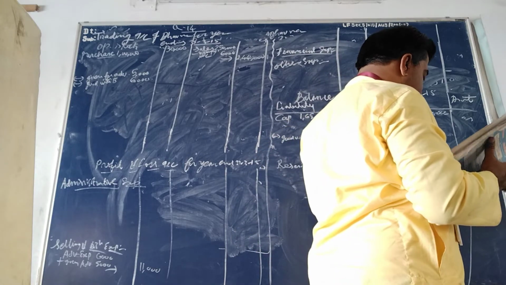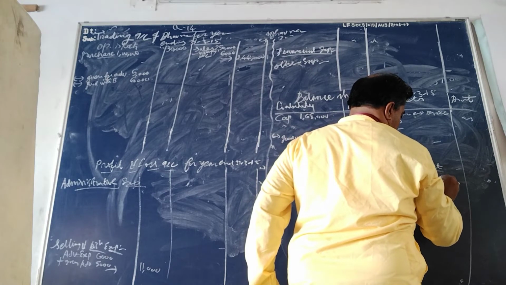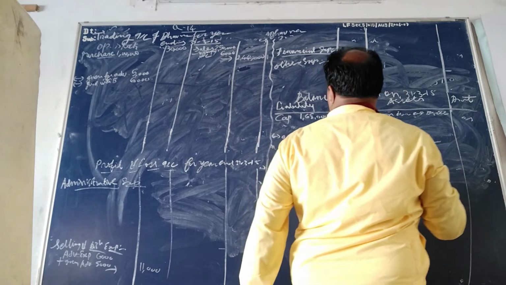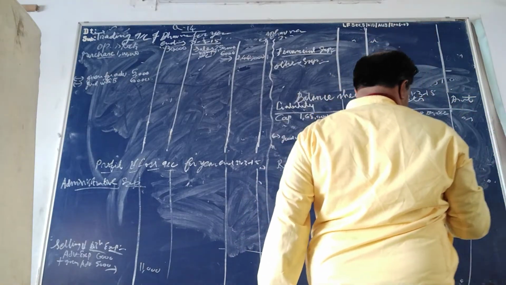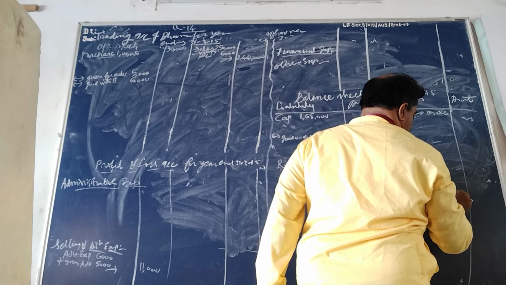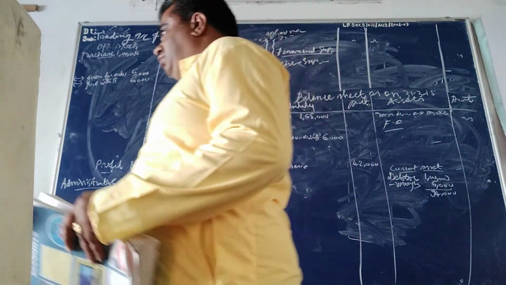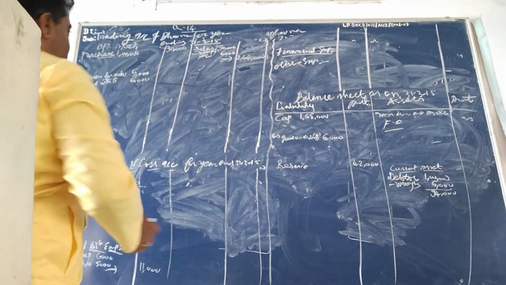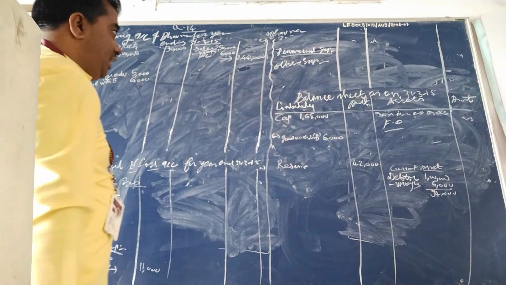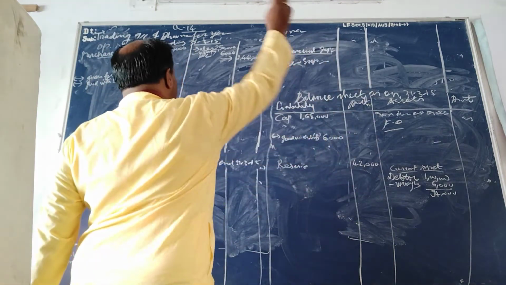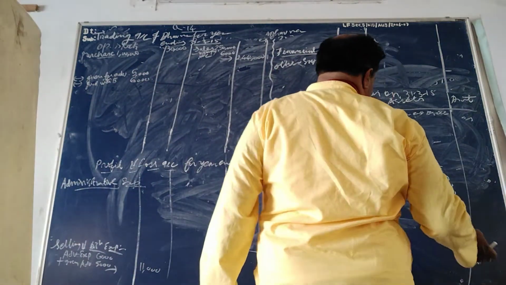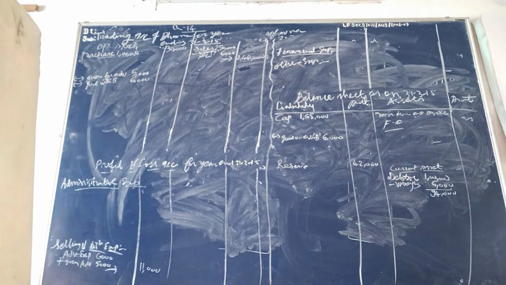What is the actual amount of debtors? 1 lakh minus wrongly recorded. Wrongly recorded 6,000. It is 94,000. 1 lakh minus 6,000, 94,000. Okay, so we have done 4 entries for that. First we deduct from purchase, second entry in the drawing, third entry deduct from sales, fourth entry deducted from the debtors. So 4 entries done here.